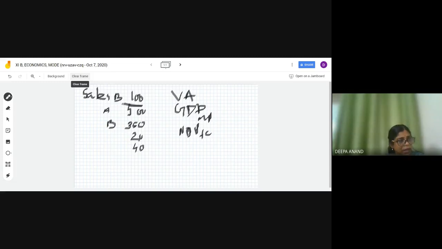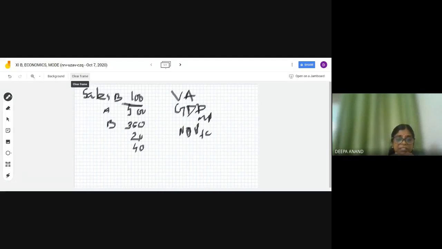So we assume that sales by firm A to B is included in that. The total sales by firm A is given. Then at the last point, sales by firm A to B is given. So in the case of A, it is not to be taken because it is included in the sales by firm A. Did you understand my point?